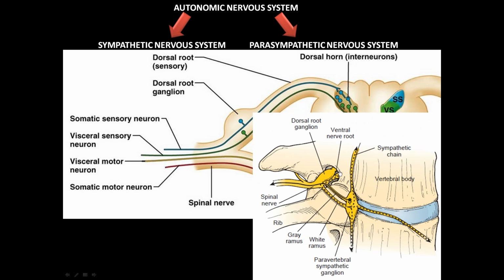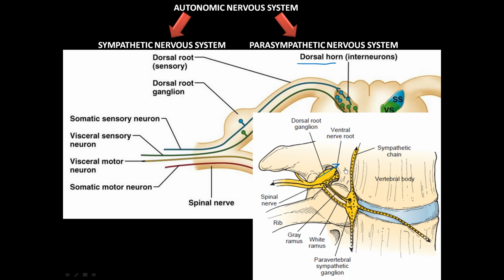So finally, the last picture to understand the anatomy and where everything is going: information goes into the spinal cord through these dorsal root ganglions, and they arrive at the spinal cord on the dorsal horn up here, and then they come around, and then this is the ventral nerve root.